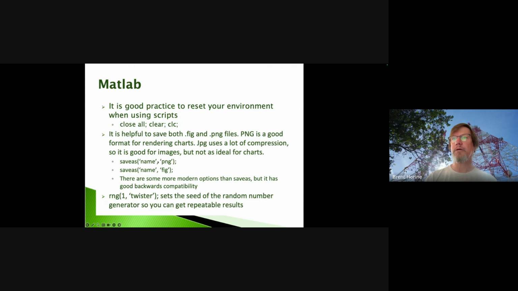You can put the name of the file that you want to save, and then you can give it a type. Here I've given it PNG, and then you can also save it as FIG. This can be your base name, and it'll automatically handle tacking on the extension for you. There are some more modern options in Save As, but it has good backwards compatibility, which is handy because the version of MATLAB that I have licensed with my consulting company is like 2013 or something.